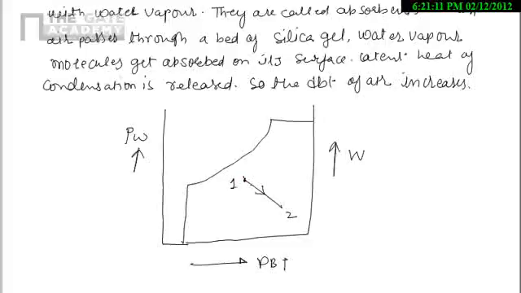So 1 to 2, the temperature is increasing because the latent heat of condensation is released during this chemical dehumidification process, and humidity is decreasing. So we can say that 1 to 2 is chemical dehumidification.